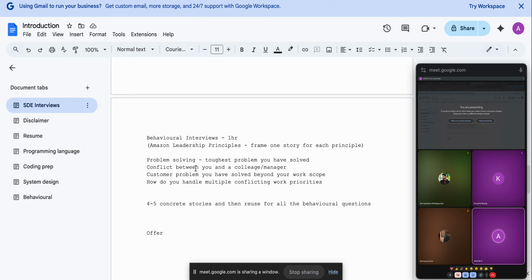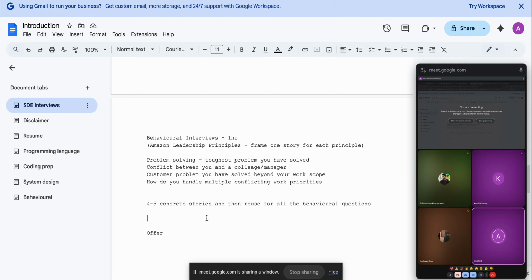You must have dealt with other team members. Then there might be an obvious conflict. You can use that story. That particular project might have some exclusive problem that you came up with a solution for. You can use it for problem solving, and then it essentially solves the customer problem. You can use that story for this particular question as well.